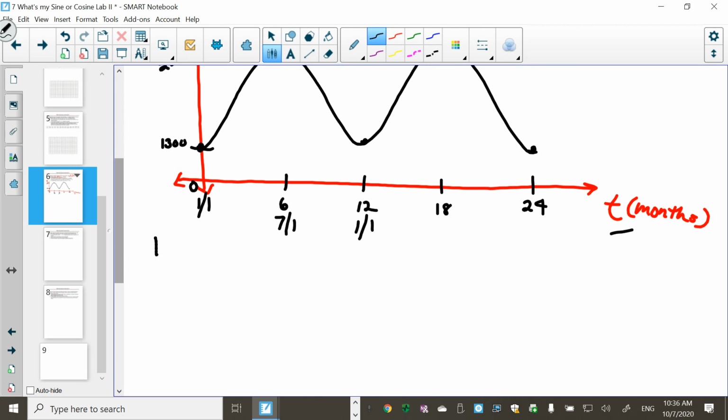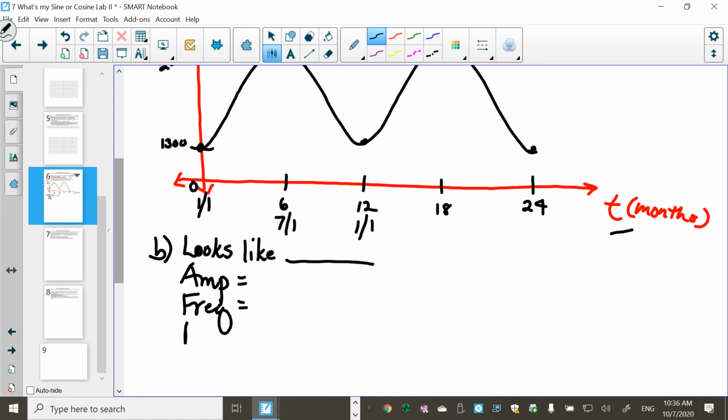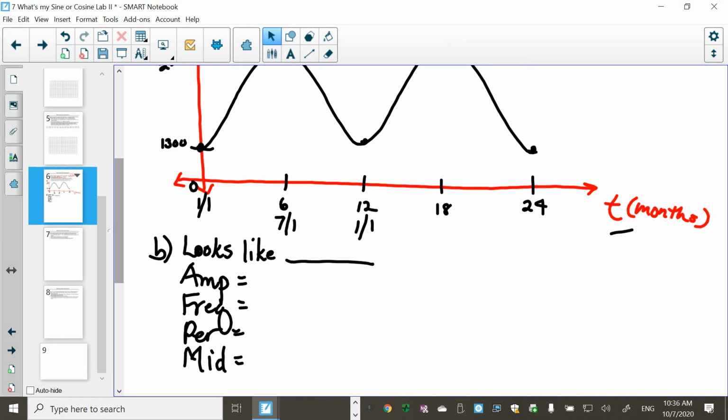So I'm going to do what I always do. Looks like amplitude, frequency, period, and midline. Now, when I do these, I always start at midline, and there's a reason for this because we're shifting everything out.